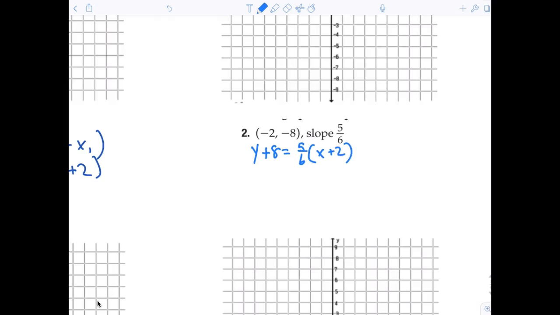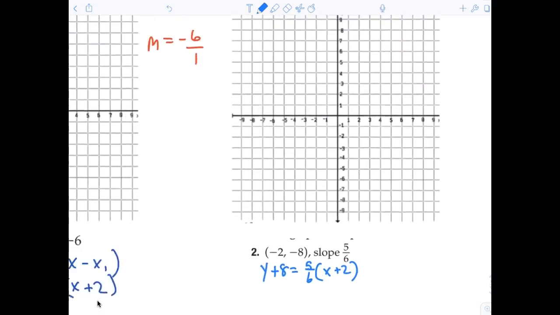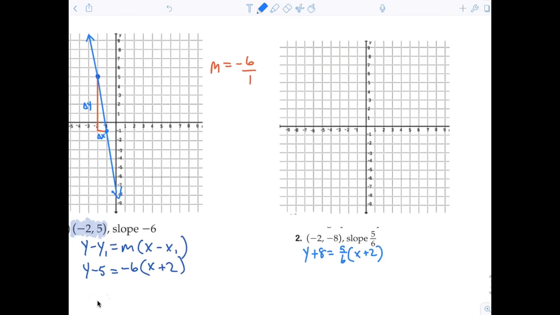Wow, look at that. Perfect. Now you have to graph this for me. So what am I going to do on the graph? Very nice work, kiddo. So I plotted that point. Very good. Now what?